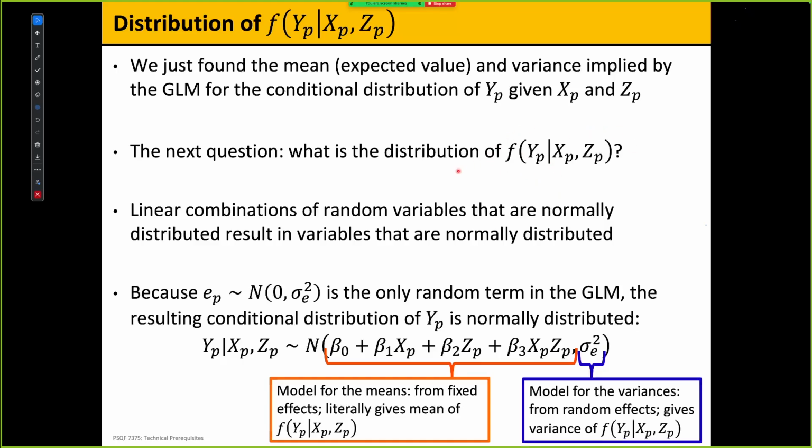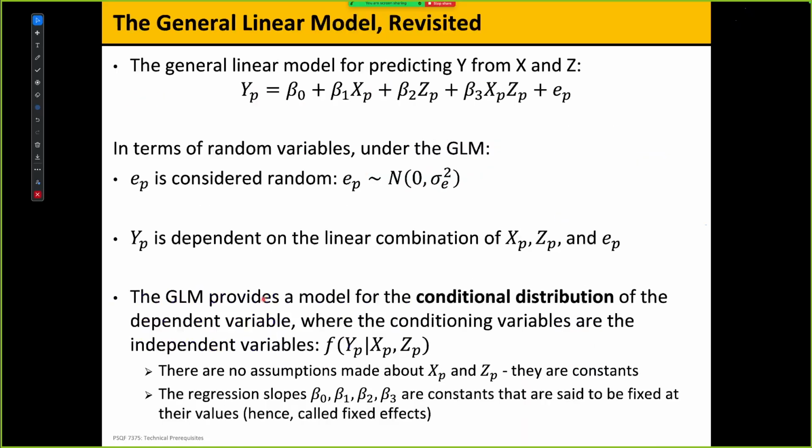Well, we have to go back to the model itself and think about the linear combination, right? And think about what I had said before when I mentioned the normal distribution. Linear combinations of random variables that are normally distributed result in variables that are also normally distributed. So here, because e is normally distributed, and it's the only term that's random in the model, right? All this is a constant, and e is normal, right?